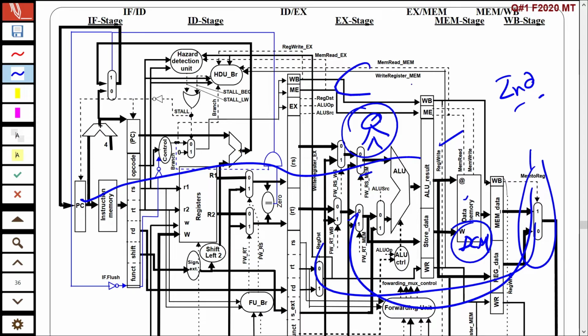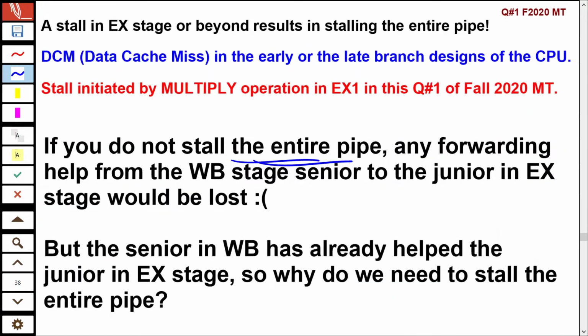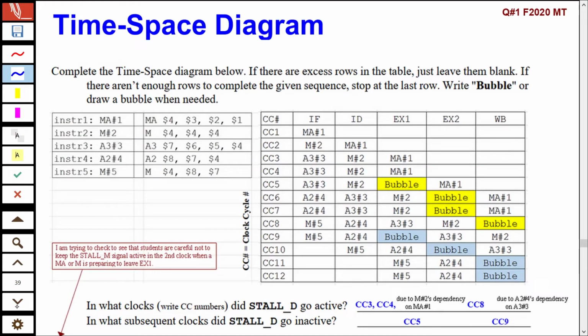But the fact is, there's only combination logic here, and combination logic doesn't remember. So you need to have him held here so that he can help you in the first clock and again in the second clock. Okay, so that's about stalling the entire pipe.